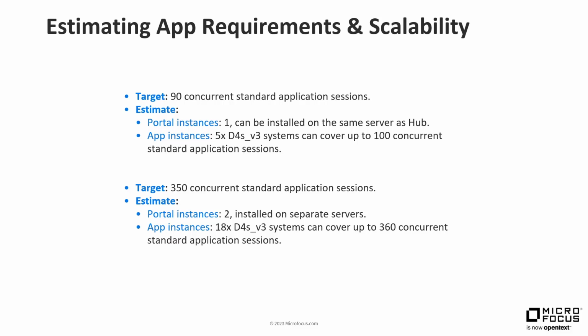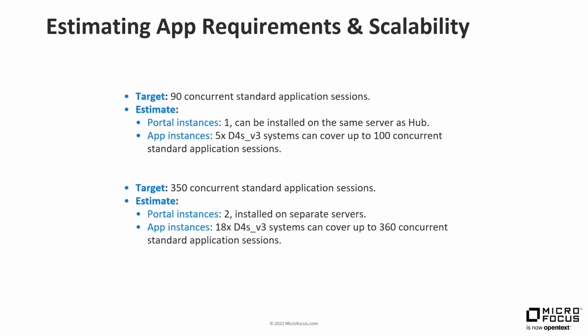Now, if you want to have 350 concurrent standard application sessions, you will have to set up 2 portal servers installed on separate servers from the hub. And since each application server of this level can support about 20 concurrent sessions, you need about 18 of them, which will cover up to 360 concurrent standard application sessions.